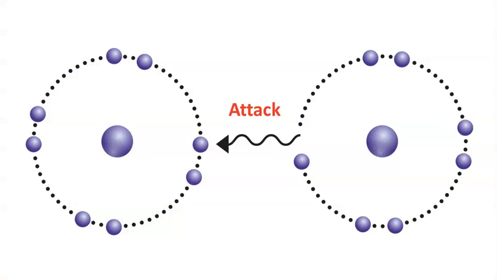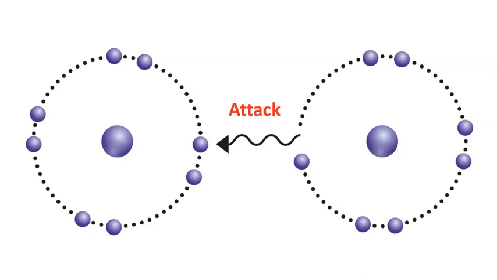Here is an image of two oxygen atoms. On your right, you have an oxygen atom which is missing an electron in its outer shell. This is biochemistry and chemistry, but just to illustrate what a free radical is.